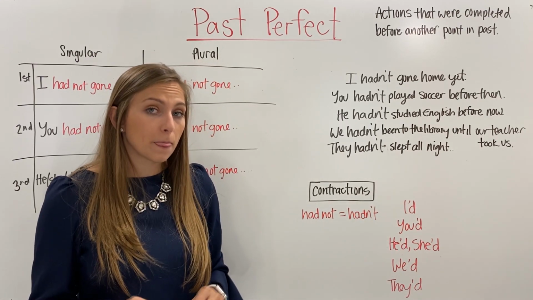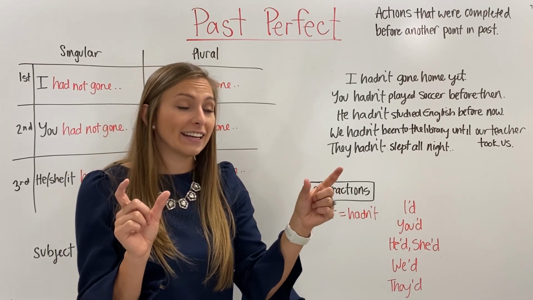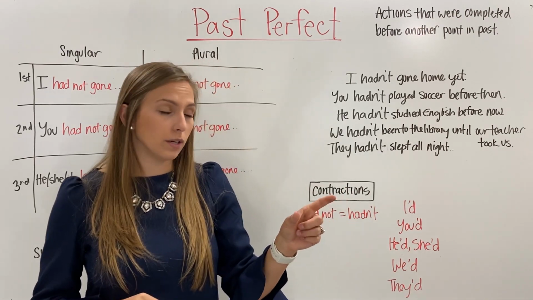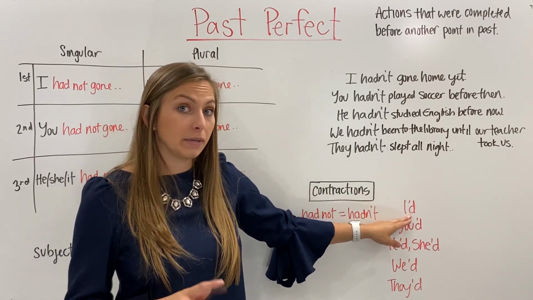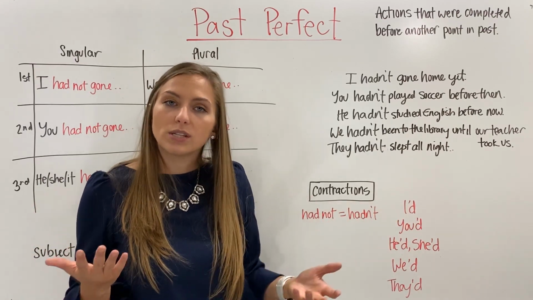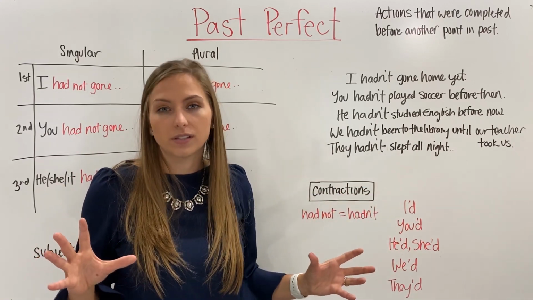So actually, using our different subjects and had is the same as using a contraction for would. So I'd means I had or I would. How you tell the difference is the context of the sentence.